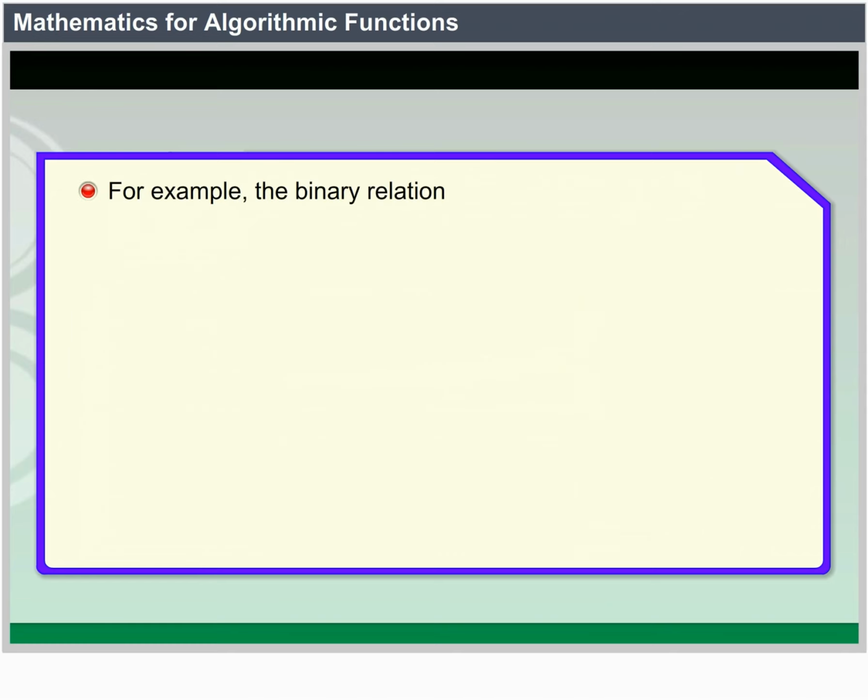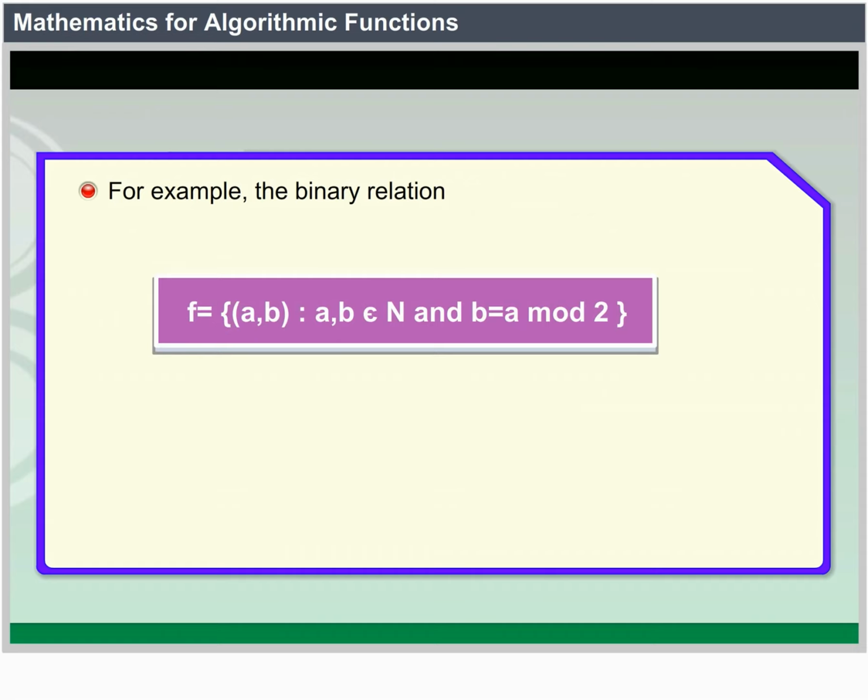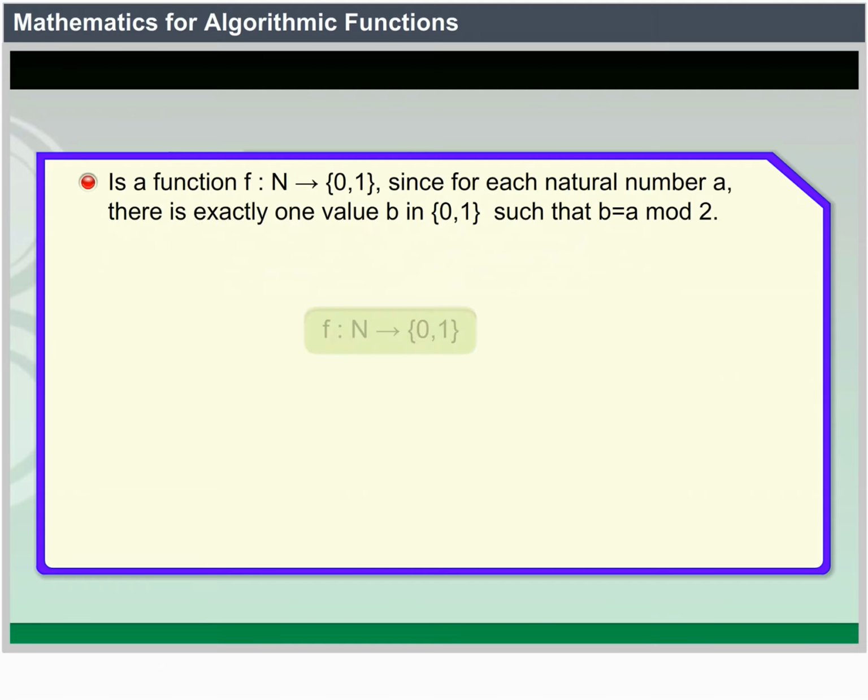For example, the binary relation f equal to the set of (a, b) such that (a, b) belongs to N and b is equal to a mod 2 is a function f: N implies the set {0, 1}, since for each natural number a, there is exactly one value b in {0, 1} such that b is equal to a mod 2.